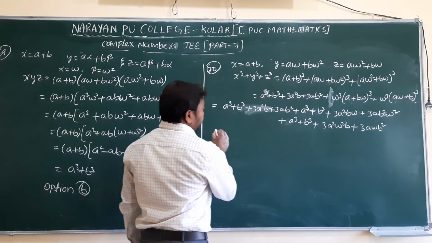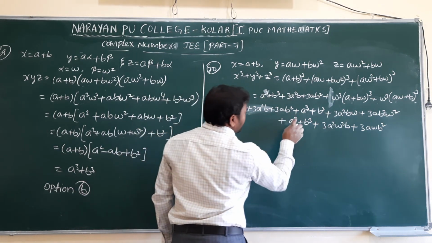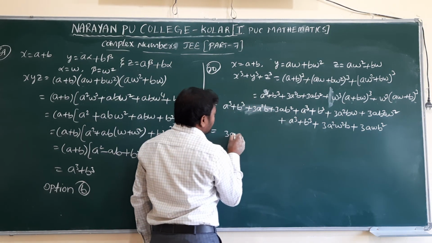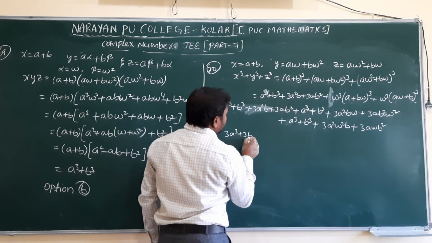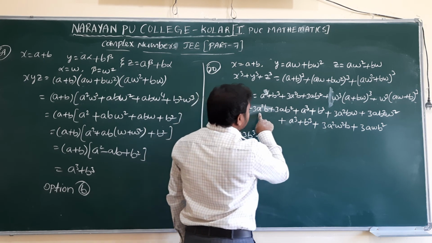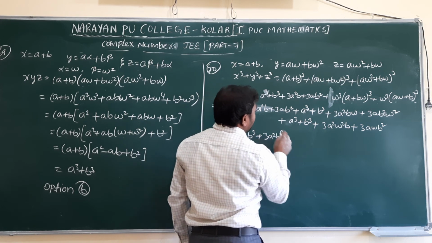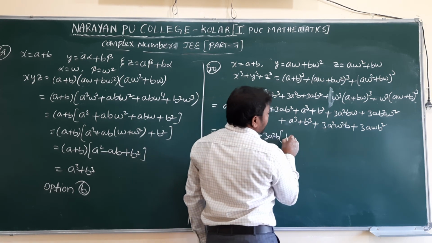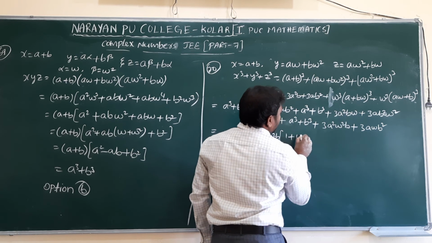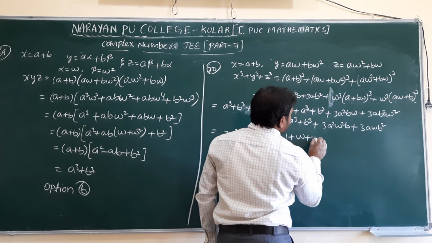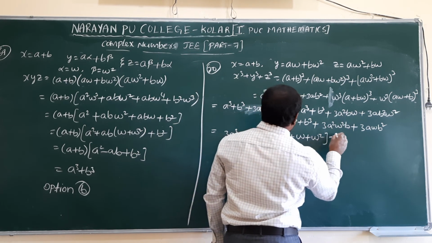So here a cube plus, we are getting 3a cube plus 3b cube plus 3a square b, where we have to take common. Similarly, what do we get here? 1 plus omega square plus omega.